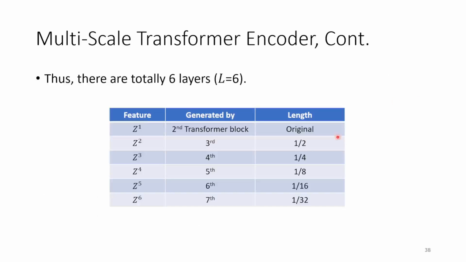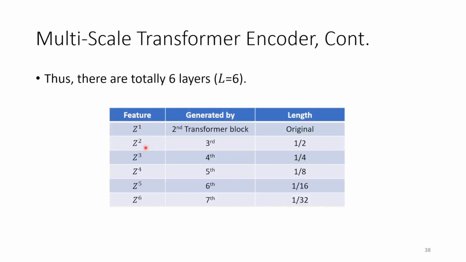So then this is the result. For the first output of the block, they call it Z1, and it is generated by the second transformer block. The length, meaning the number of frames or the number of representations, is the same as the input.